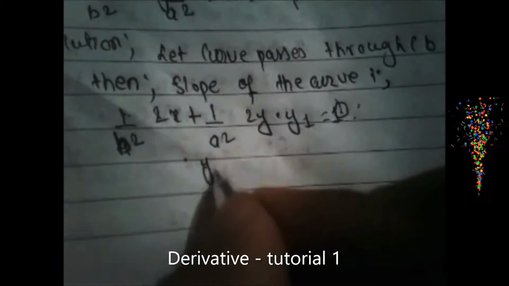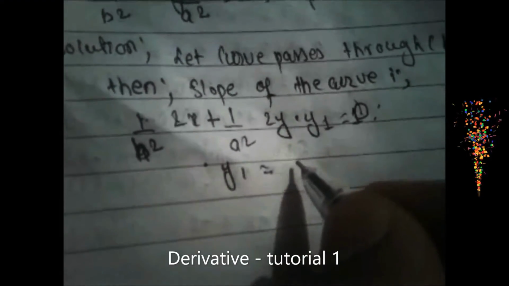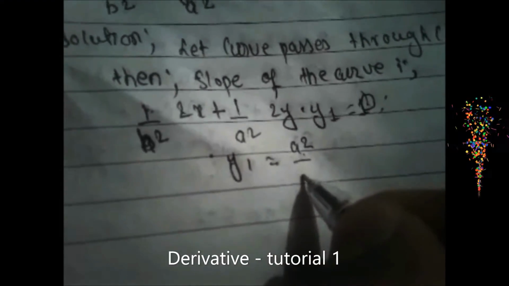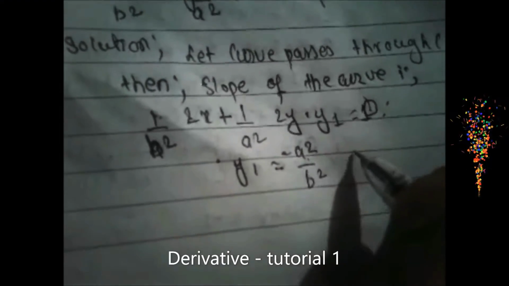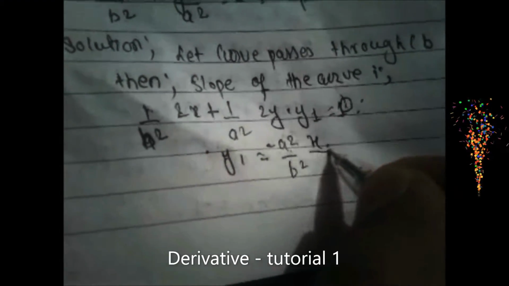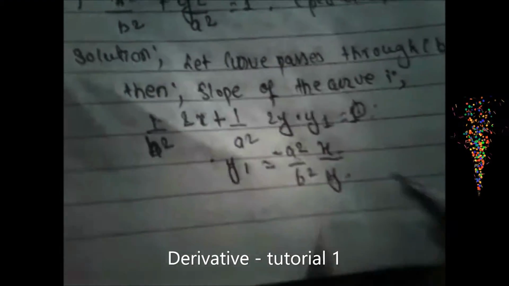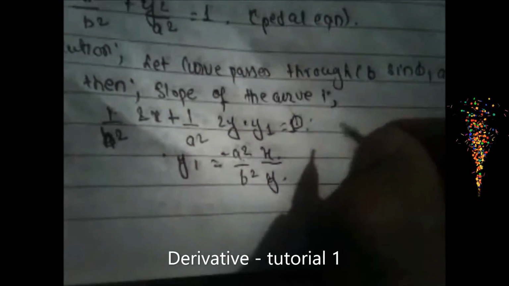So we get the slope y1 as a square by b square minus x by y. So this is our equation of slope.